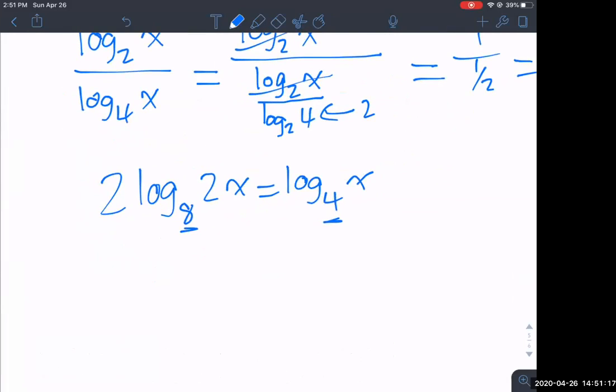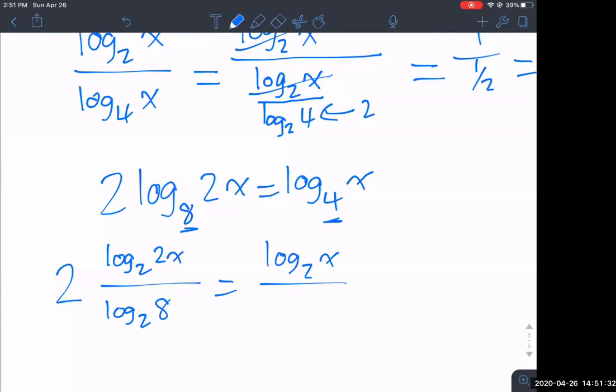So we can turn this into 2 times log base 2 of 2x over log base 2 of 8, that's 3, and then log base 2 of x over log base 2 of 4. We can quickly replace these with 3 and 2 respectively.